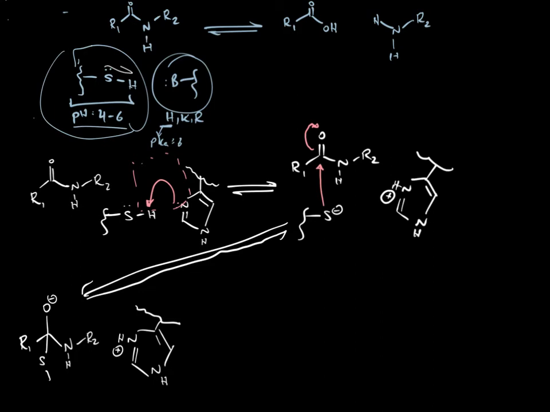So let me actually draw the mechanism, right? So this will come down here, and then this will abstract the hydrogen from the nitrogen. Okay? So then you'll be left with what we saw in the beginning. So now I have that normal double bond again. The sulfur is still attached. Now, oops, this nitrogen is not there anymore, right?